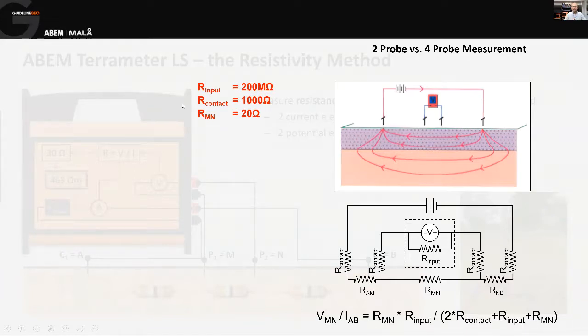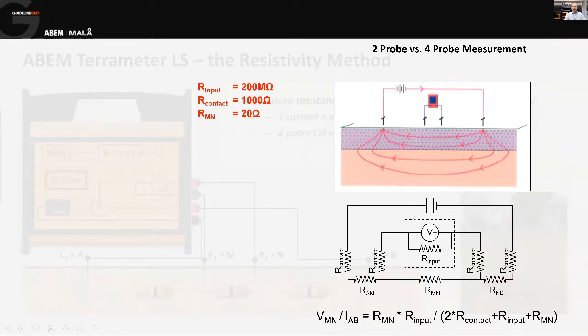So basically, we're going to have a value for the resistance between our measuring probes. That'll be quite small, so that's just going to be 20 ohms. So that's R_MN, this value here. That's going to be 20 ohms. Then we want the contact resistance on each of our electrodes, and let's be quite kind. Let's say it's just 1,000 ohms, so not too big.